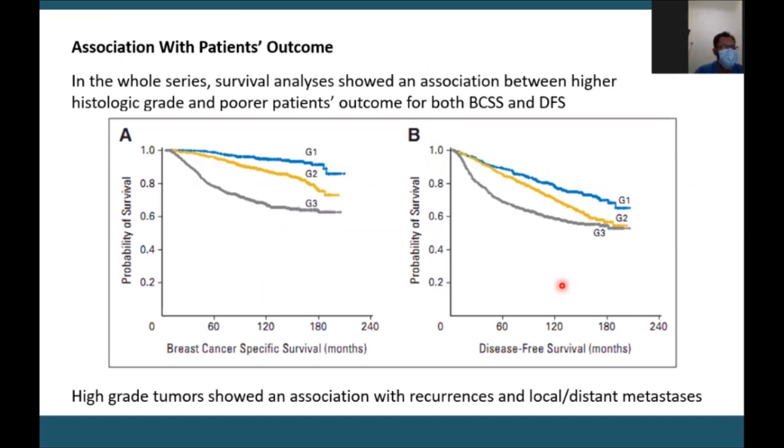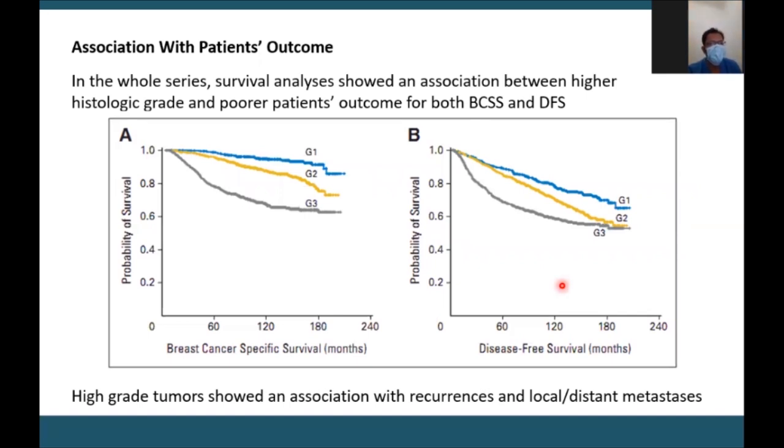From this curve, regarding prognostic factor, histological grade affects breast cancer specific survival and disease-free survival. From the following Kaplan-Meier curve A, it is explained that grade 1 has a greater survival rate than grades 2 and 3.